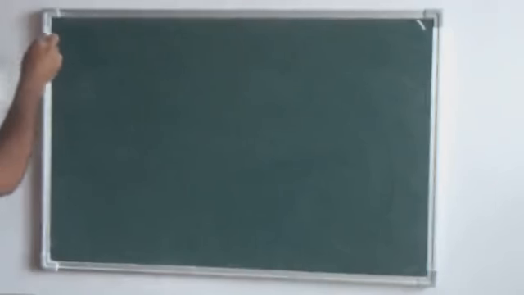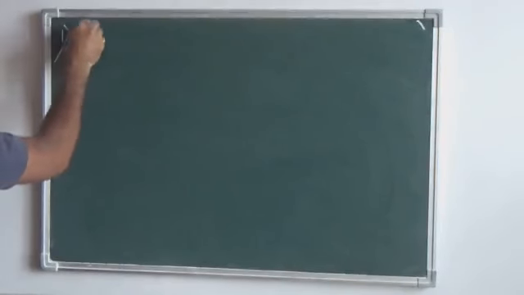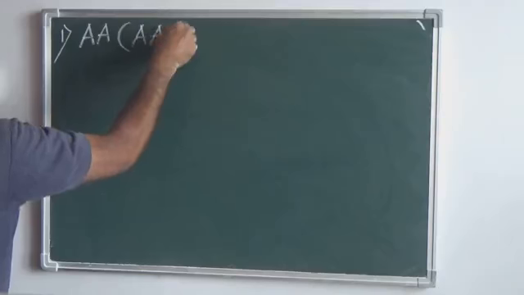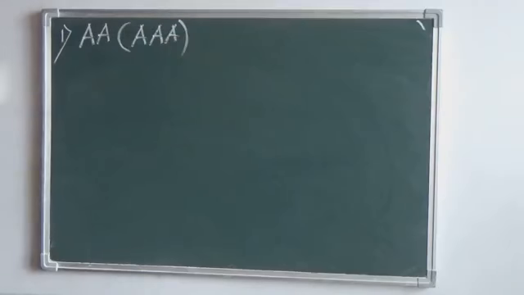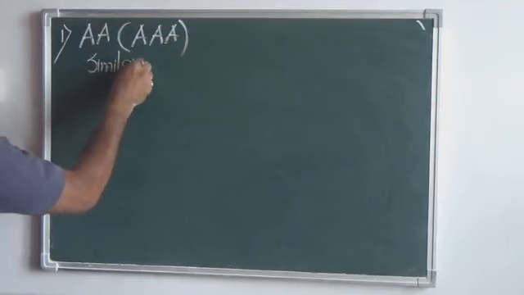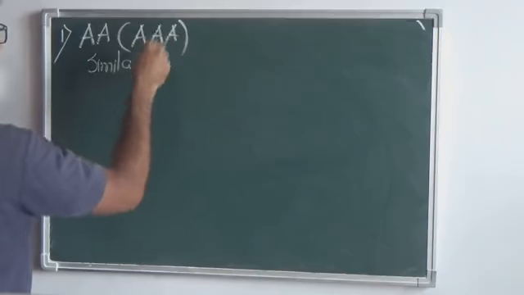The first one, AA, or we can say AAA criteria, similarity. Now what does it say?